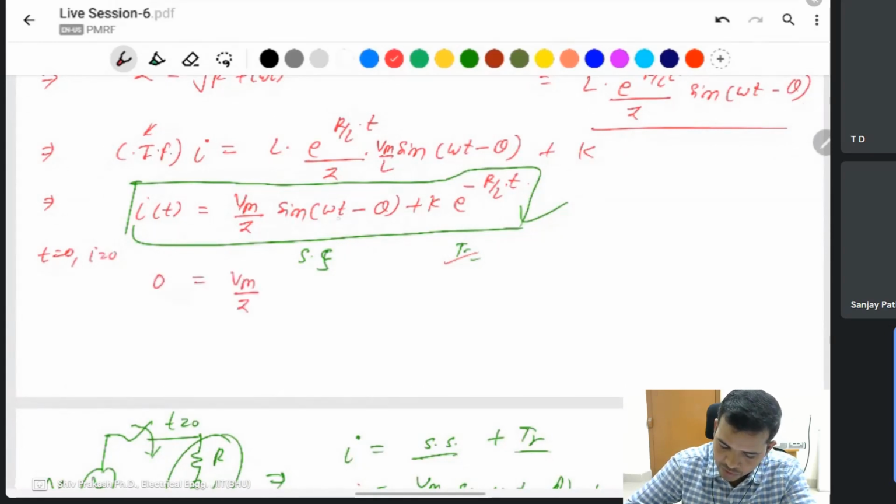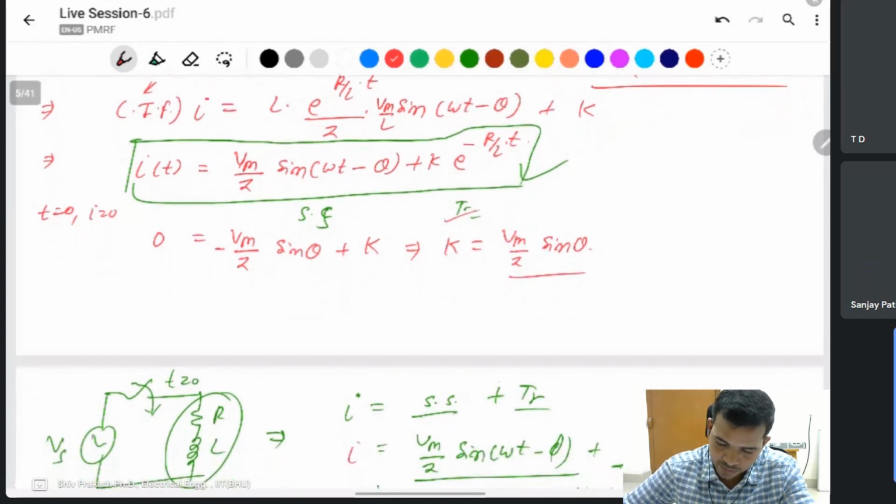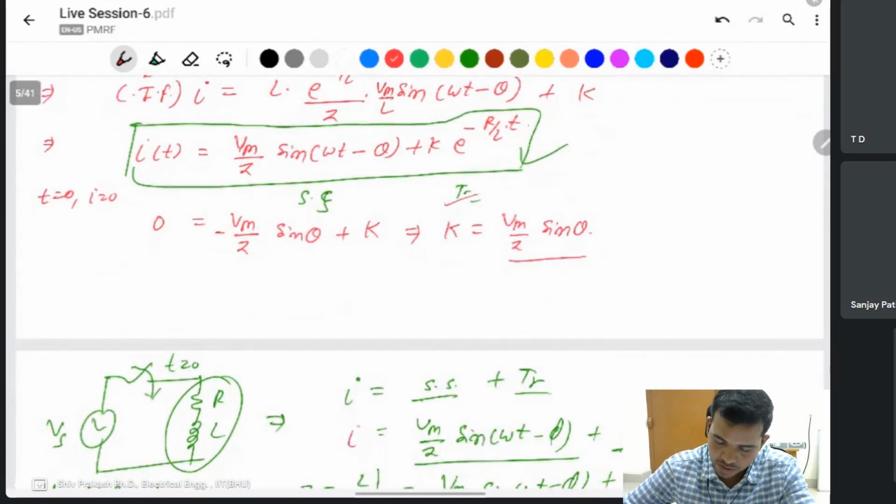Vm by Z, this one 0 minus theta, means minus sin theta is phi, and both are the same. So this one is K. Then finally K is Vm by Z sin theta. This one is also known as the DC value in a single-phase system.